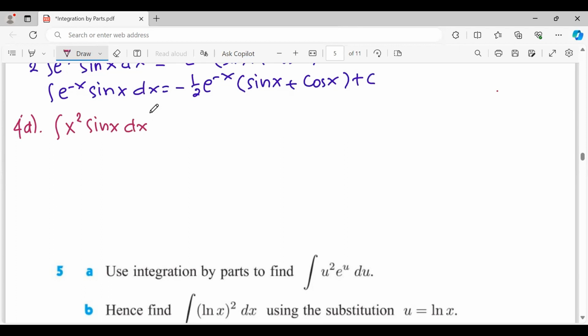Next, u equals x squared, so the derivative of u is 2x, and the derivative of v is sine x.